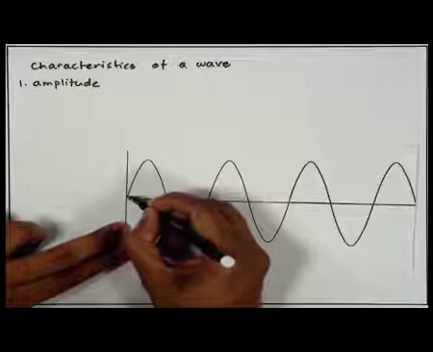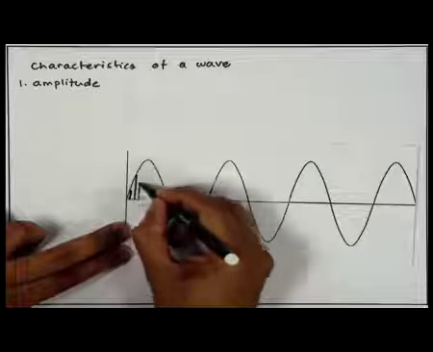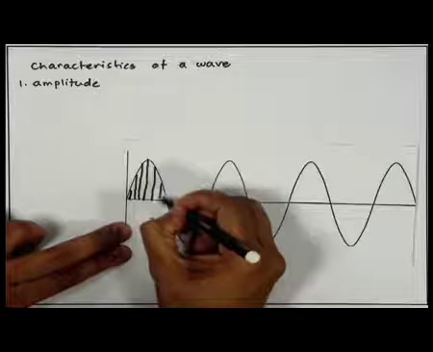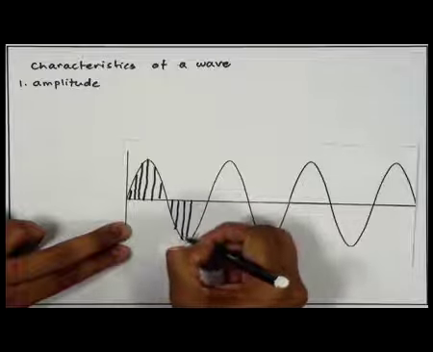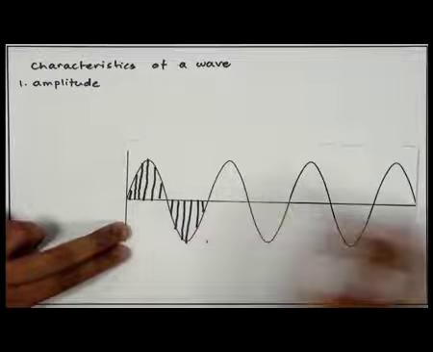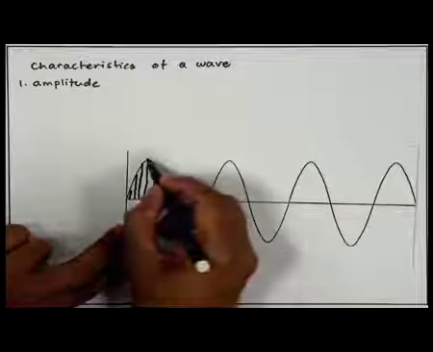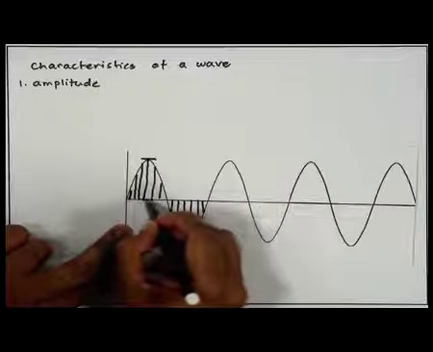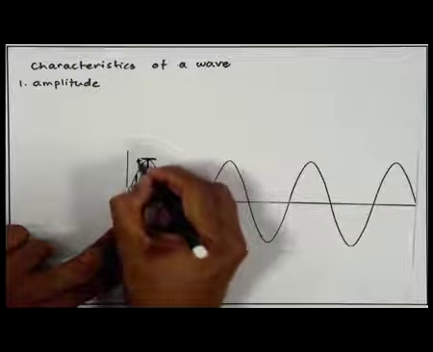At this point you see a displacement like this, at this point you see another value of displacement like this, and then in this direction the displacement is along the other direction. At one point you would see that the displacement is maximum, and the distance of this from the normal position is called amplitude. This distance is called amplitude.